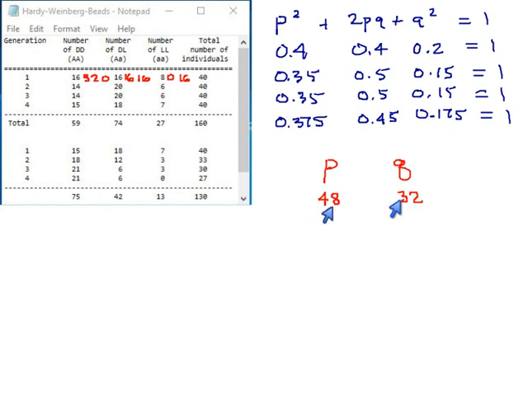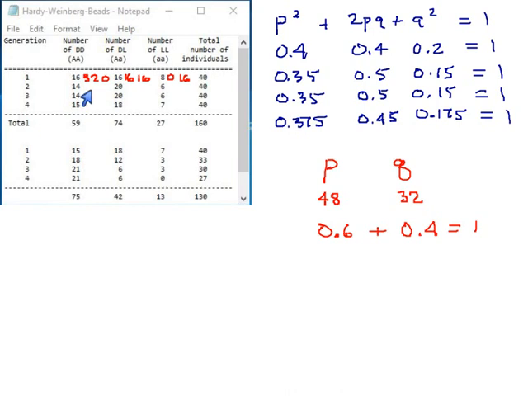You saw that there were 48 dark beads, 32 light beads, so this kind of has to happen every time, doesn't it? We can work out the P and Q from this for the number of alleles, and this would be 48 out of 80, which is 0.6. Q would be 32 out of 80, which is 0.4, and those do indeed add up to 1.